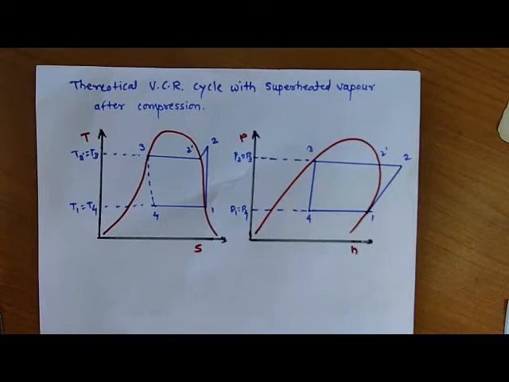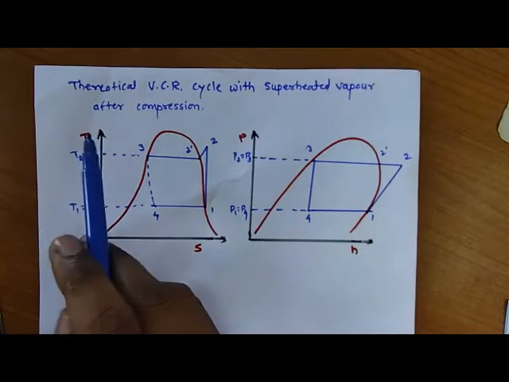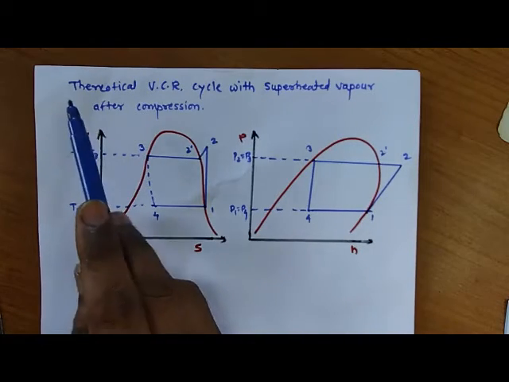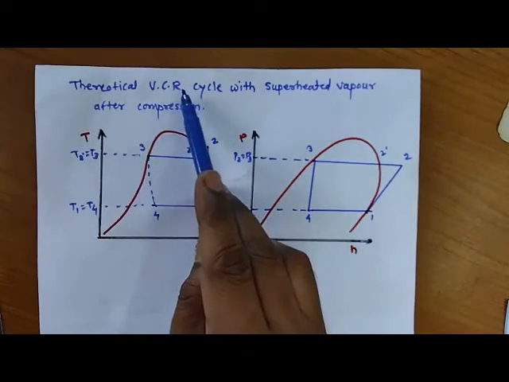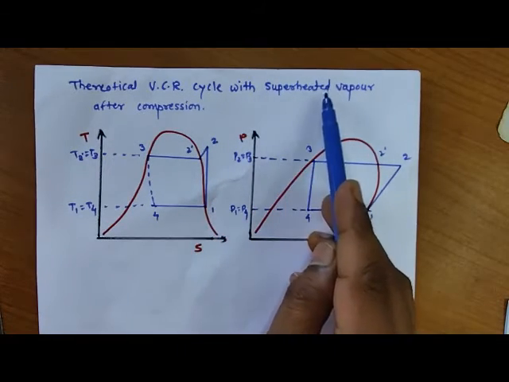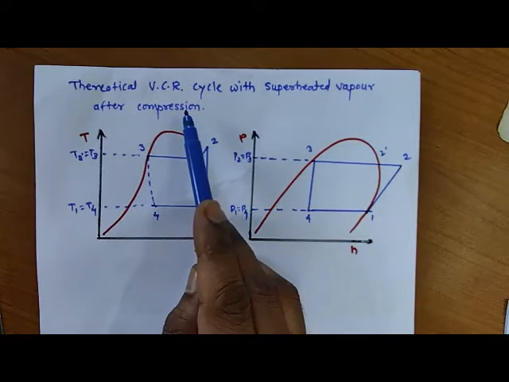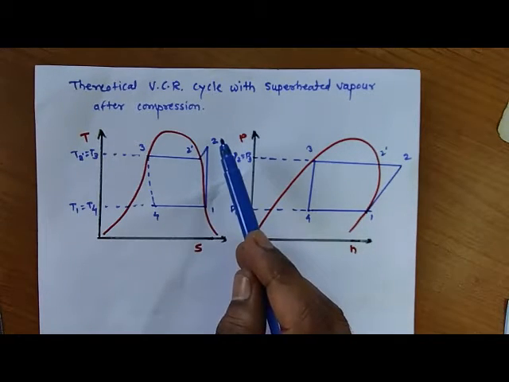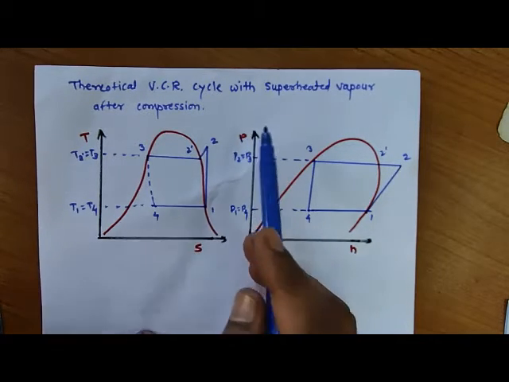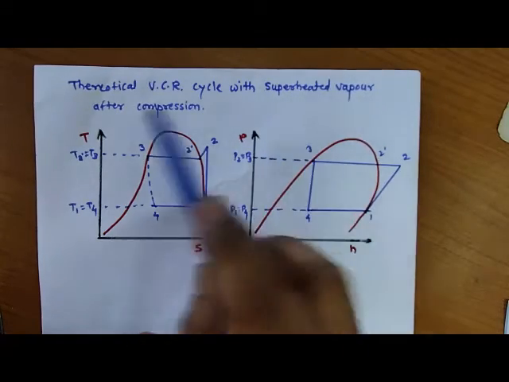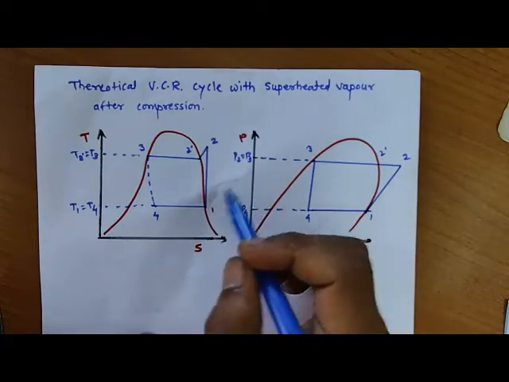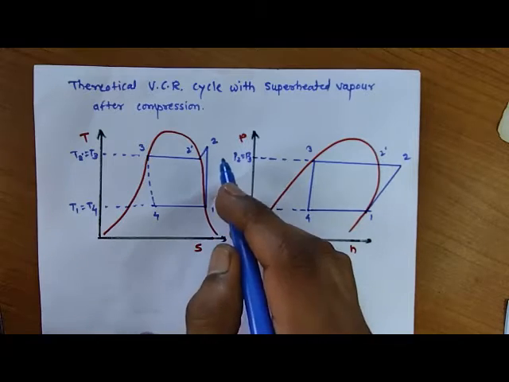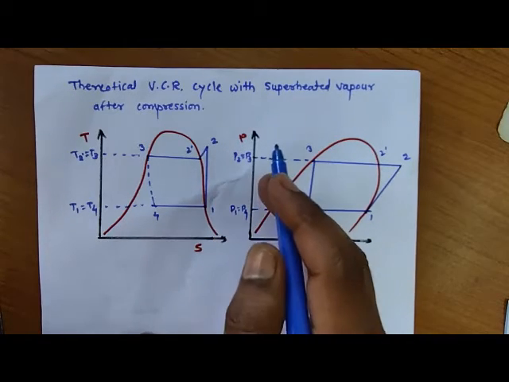Now here is the third type of vapor compression refrigeration cycle: the theoretical vapor compression refrigeration cycle with superheated vapor after compression. We have already studied the process 1 to 2 as a compression process. That's why we have given superheated vapor after compression. That means whatever the outlet of the compressor is, it is available in the superheated region.